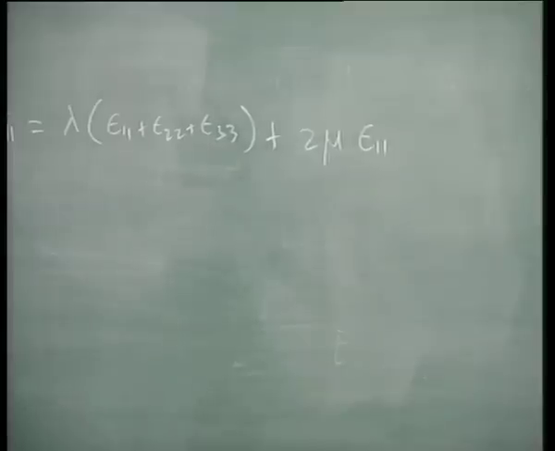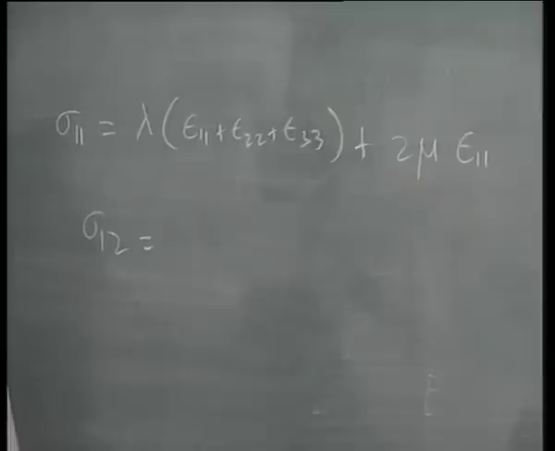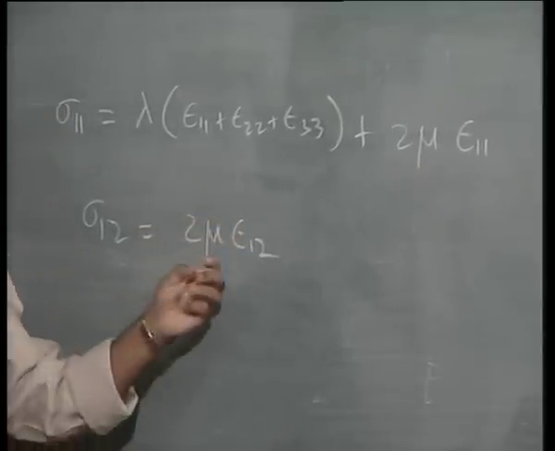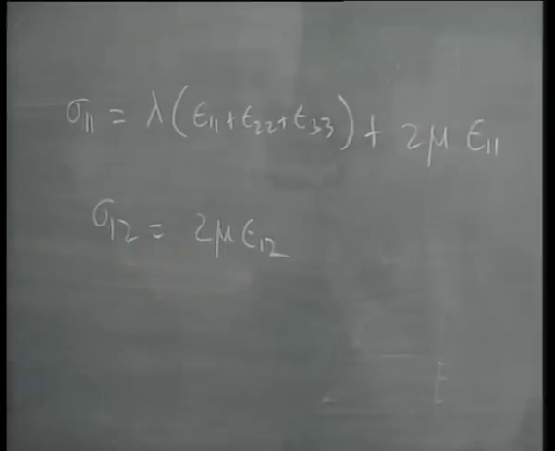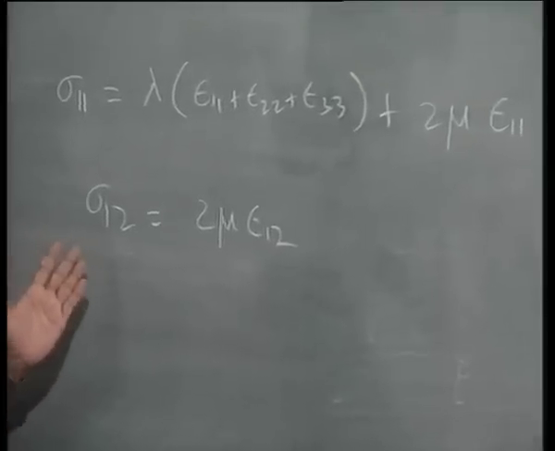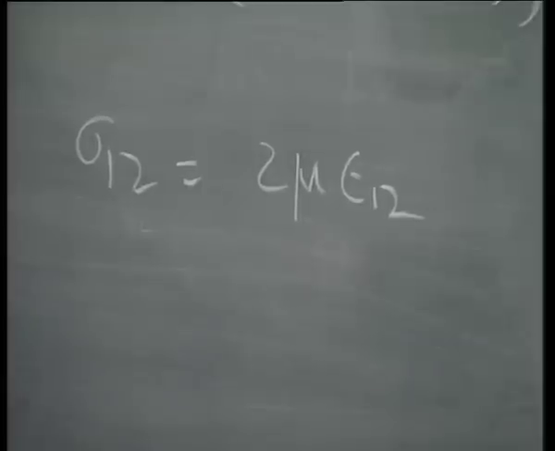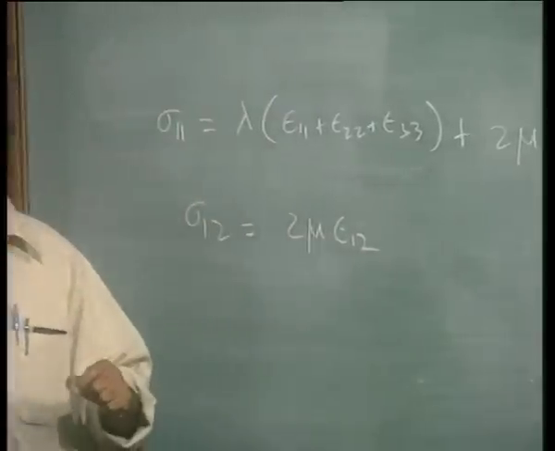What happens to sigma 1 2? 2 mu epsilon 1 2. So what do you recognize this as? 2 mu epsilon 1 2. What is it that relates to sigma 1 2? I know that there is going to be a confusion.